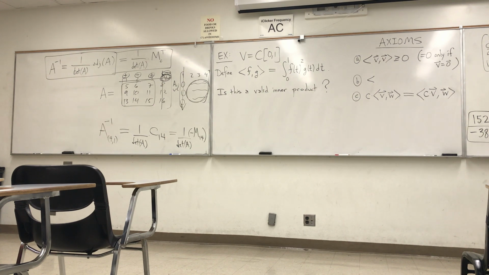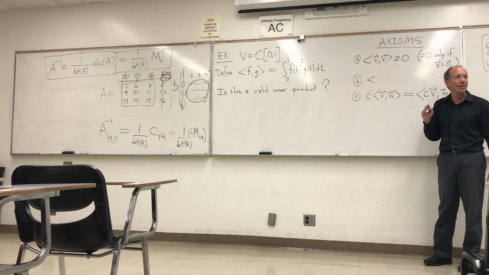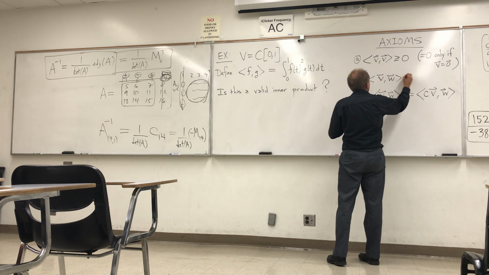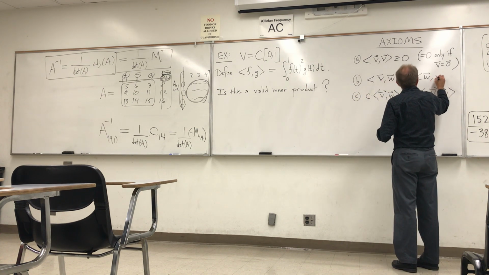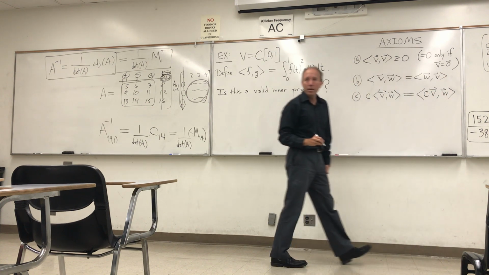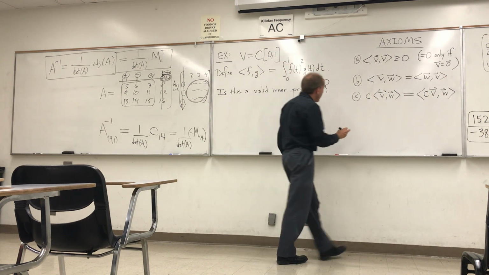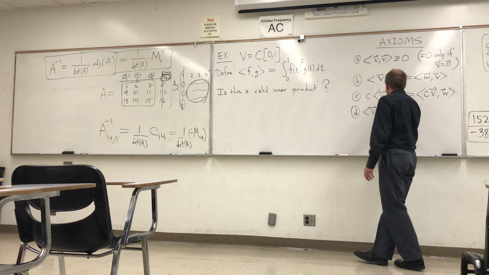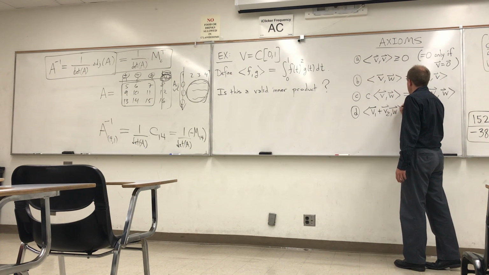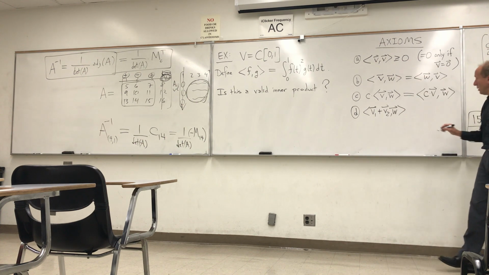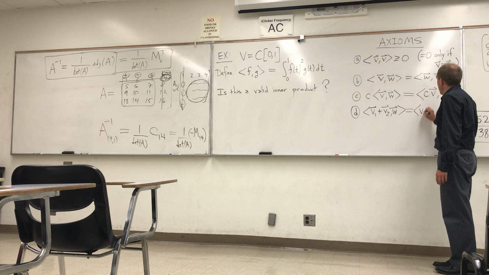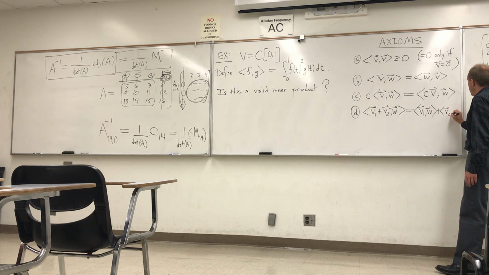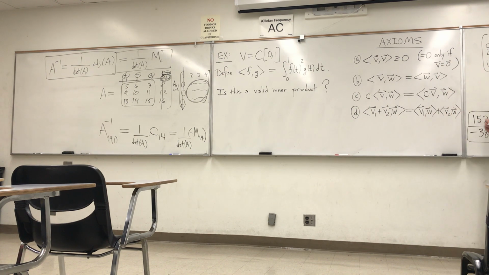That's exactly right. Does anybody know which one we skipped over here? The inner product of V with W equals the inner product of W with V. Very good. And then finally, the last one is the one about addition. If I take V1 plus V2 and I take the inner product of that one with W, this is the same as the inner product of V1 with W plus the inner product of V2 with W, like that.